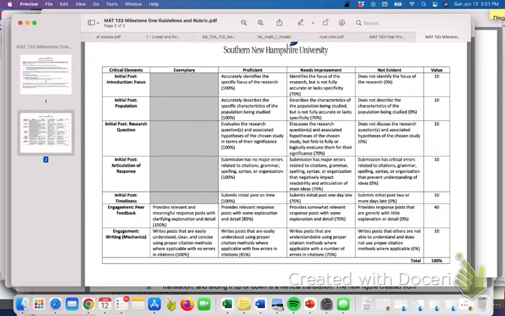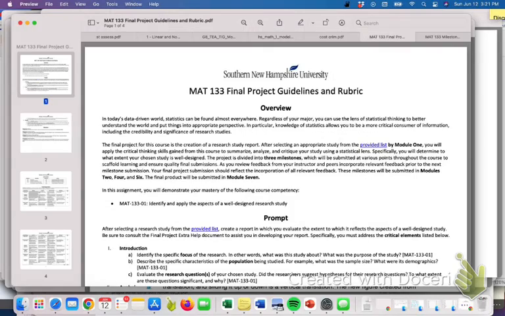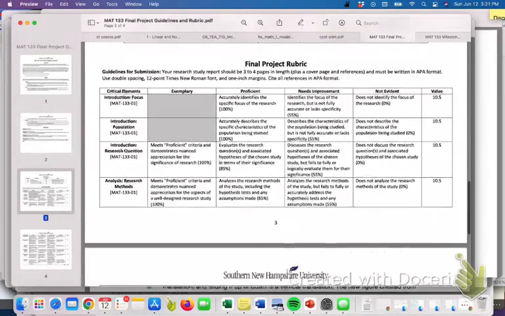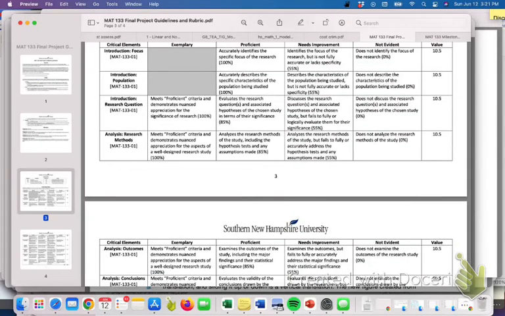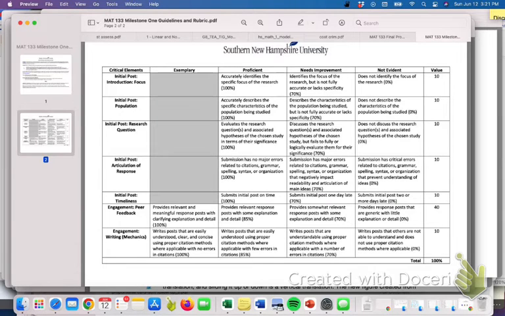Looking at the final paper rubric, though, you'll see that now for most categories, most sections of your paper, exemplary is an option. So what does that mean grade-wise? Let's say on your milestone 1 you got proficient on the research question section, and I made a comment that said, hey, please see page 3, add this detail or something like that.